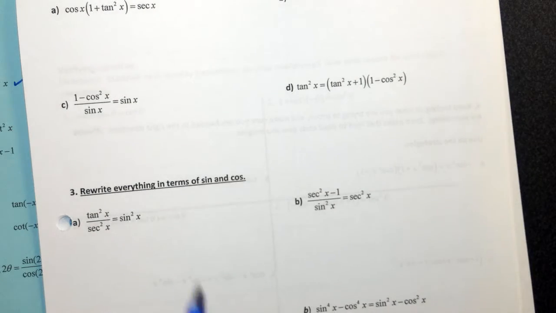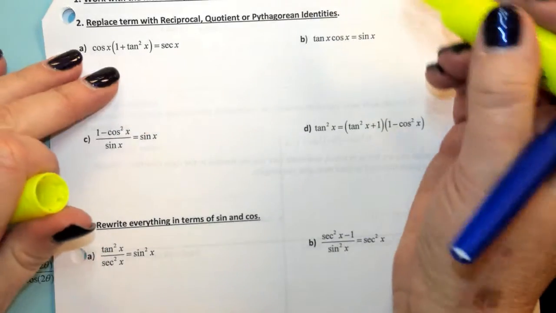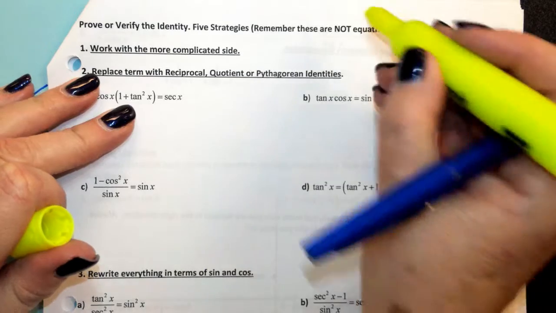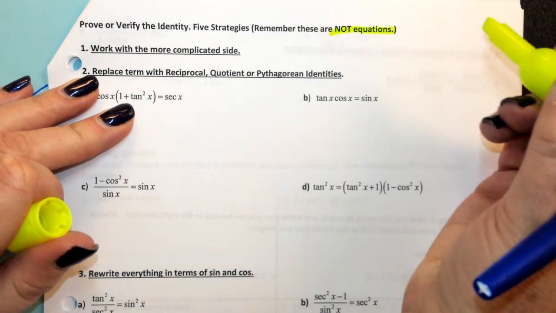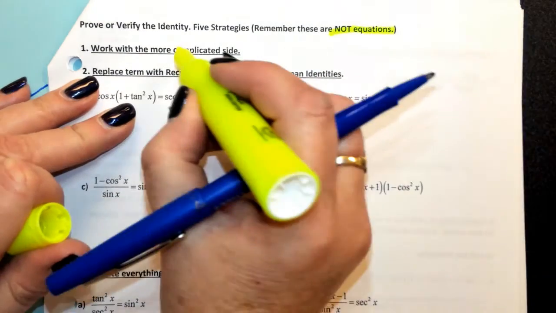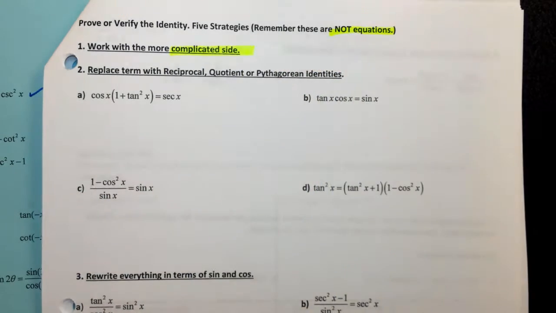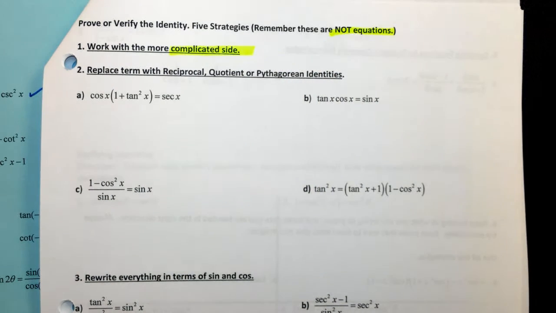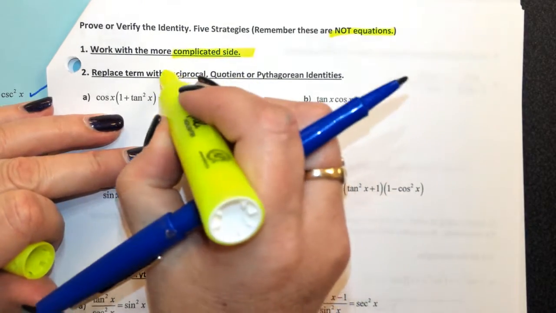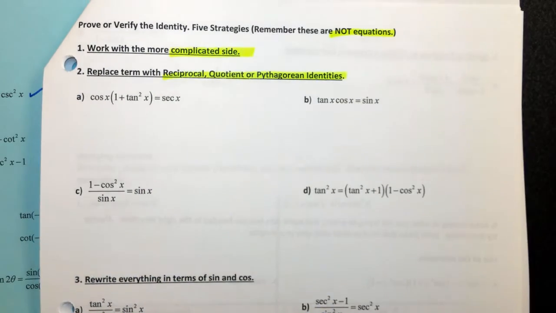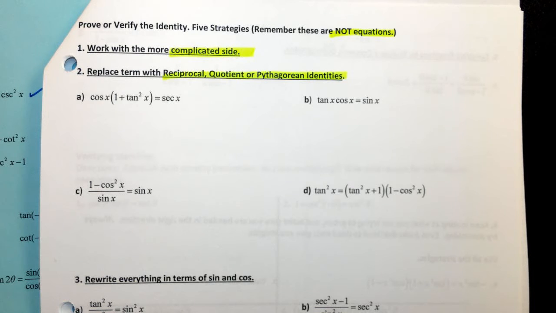You want to work, again, like I said, these are just some strategies we're going to talk about. They are not equations. Pick the more complicated side, because there's going to be more stuff you can do with it. And what we're going to be concentrating on is replacing them with reciprocal, quotient, or Pythagorean identities.